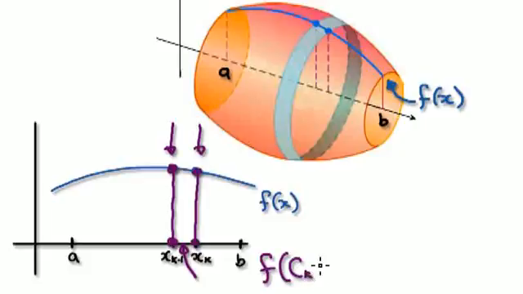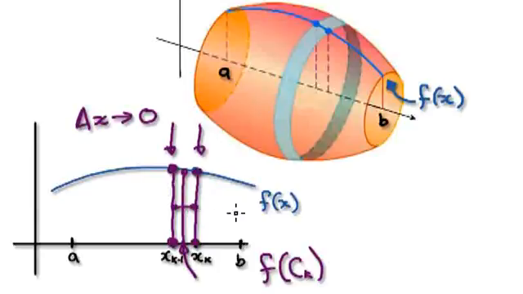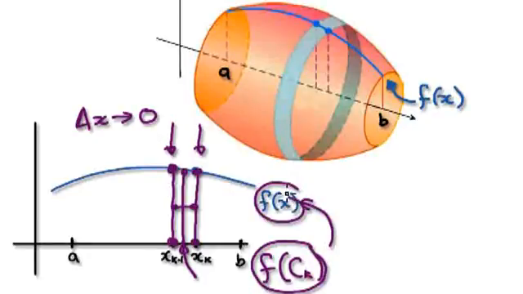We translate this into this. Because this is trapped in between the two, as you make the width smaller and smaller, as delta x heads towards 0, this thing here becomes f of x.